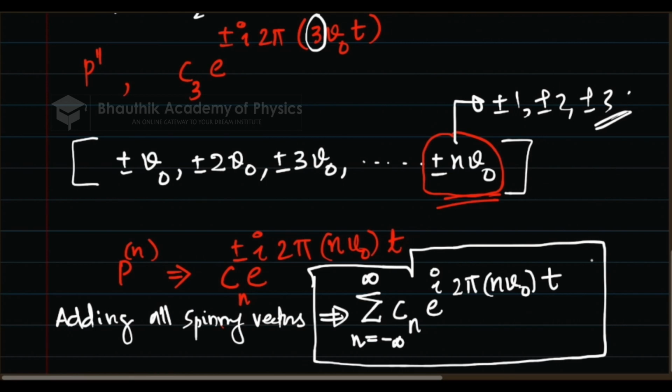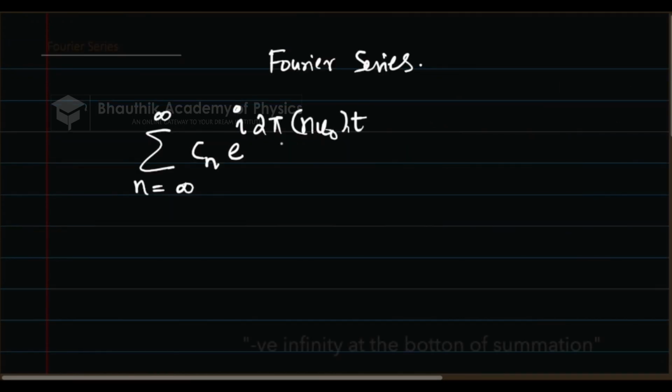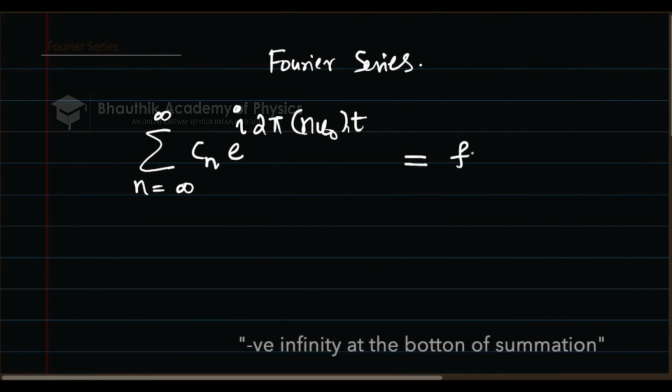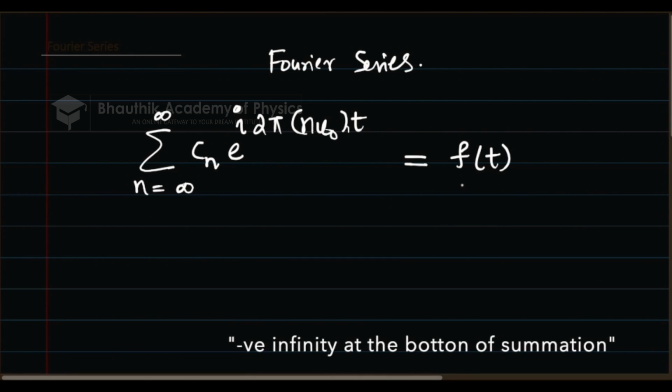Now let's define Fourier series. Okay, so what we have written over here, that is a summation of spinning vectors, can be used to represent many functions, not any functions, but many functions. So I'm going to rewrite this function or represent this function as f of t. So if you have a function f of t that satisfies a certain set of conditions, we will see those conditions not today but sometime later, you can always represent this function as a summation of spinning vectors.